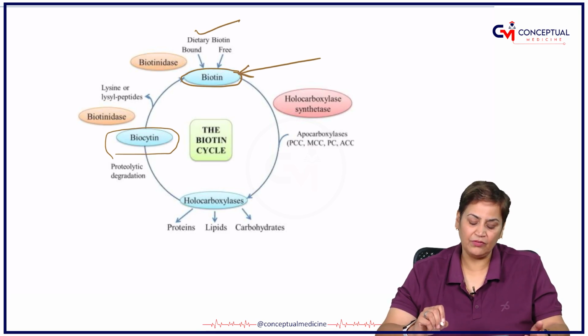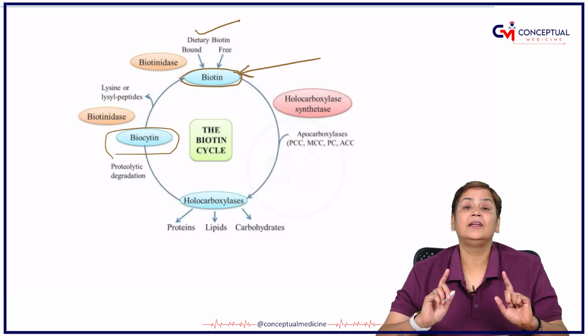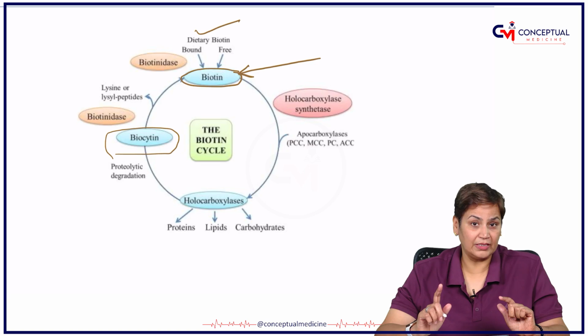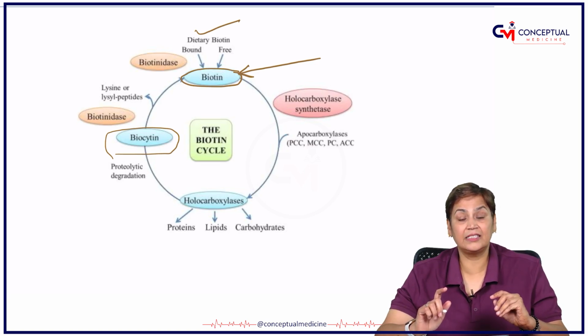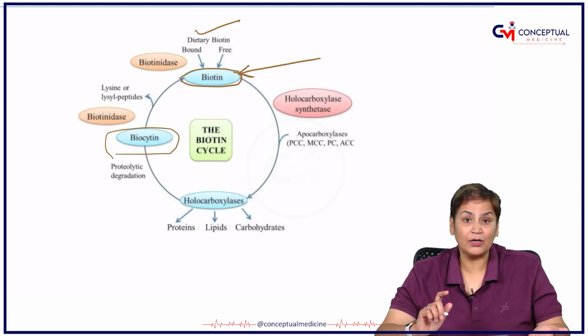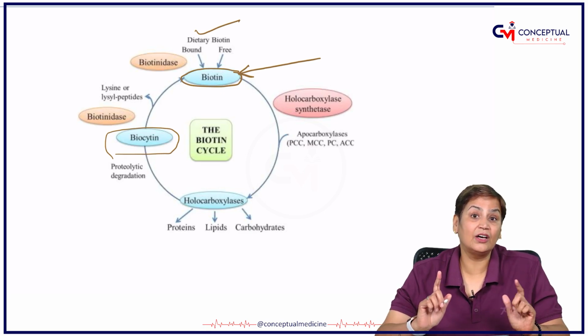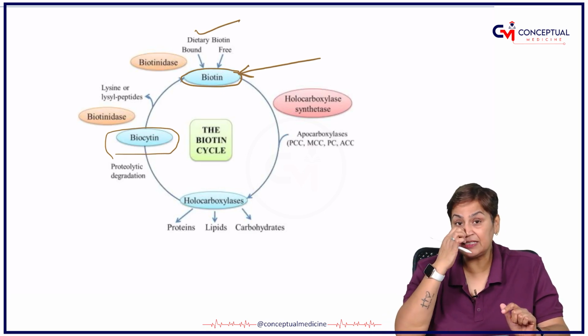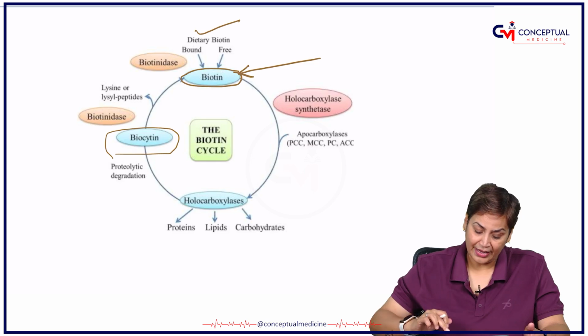Now the question is, what is the source of biotin? This biotin is used as a carboxylation coenzyme, and there is an opposing factor present in raw egg white, which is avidin.